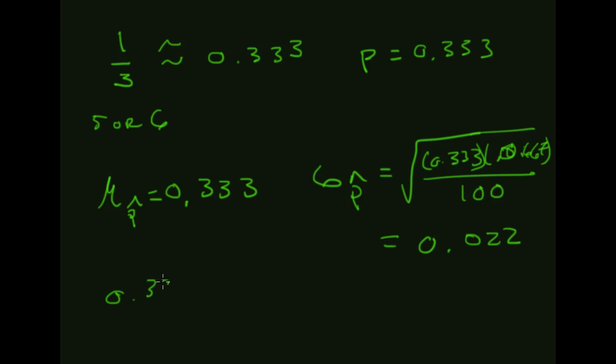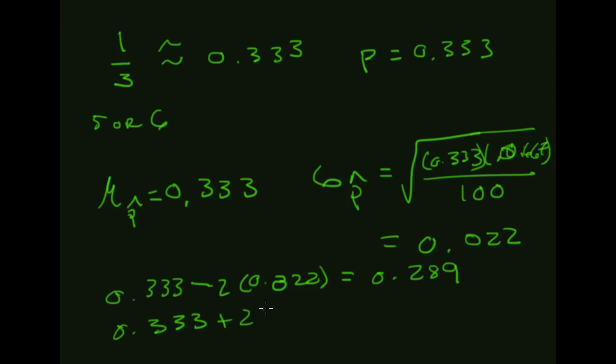So what does this mean? Well, 0.333 plus, well, let's do minus first. Minus 2 times 0.022 comes out as 0.289, and 0.333 plus 2 times 0.022 comes out as 0.377.